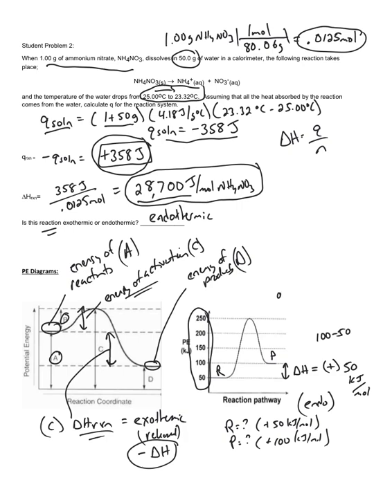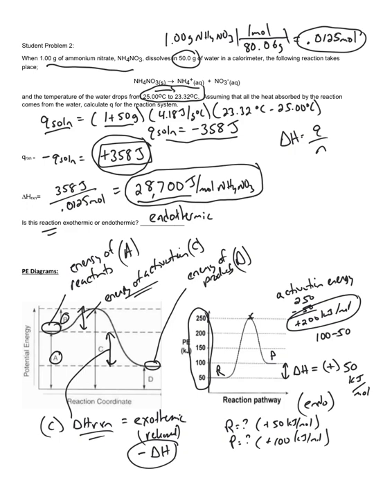Lastly, what is the activation energy? How much activation energy is needed for this reaction to occur? Well, the peak is at 250, but it started at 50, so subtracting, we get positive 200 kilojoules per mole.